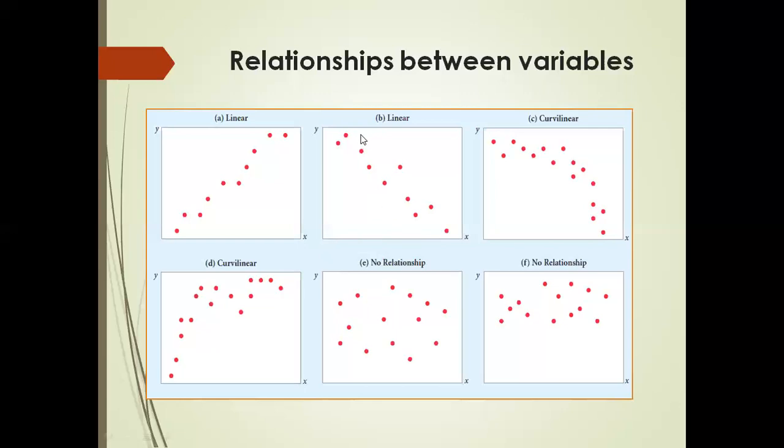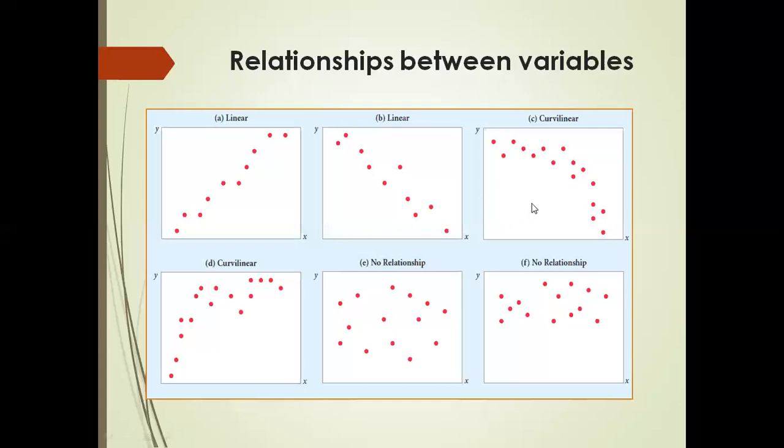It shows a strong relationship, but an inverse one. Understood chart B? This means that the value of y decreases proportionally with x. The value of y keeps on decreasing with respect to x, so it is linear and an inverse relation.